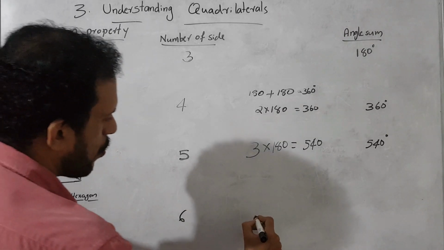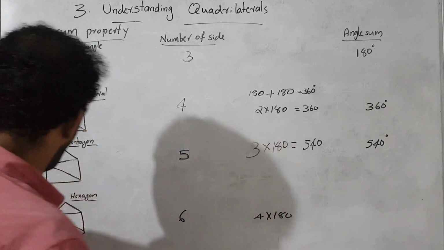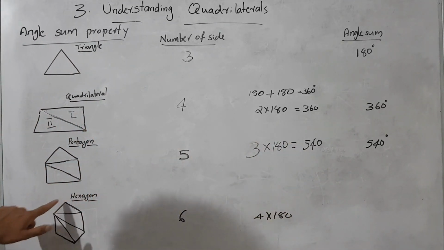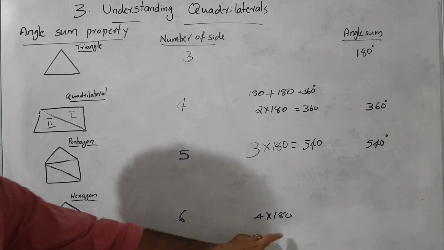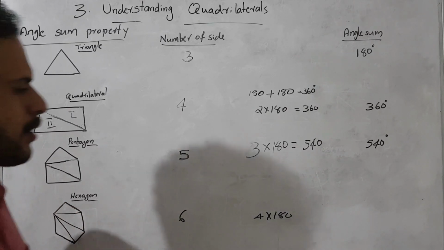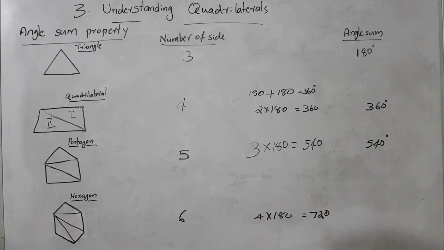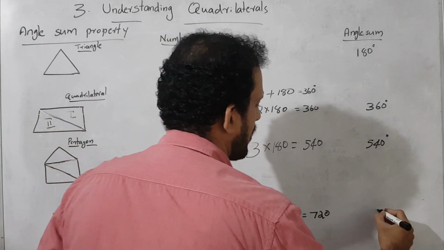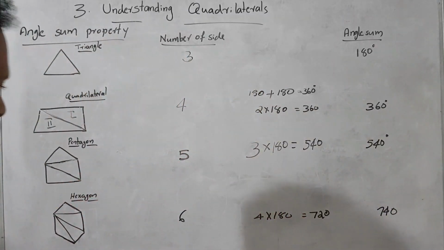Then 4 into 180, because we get 4 triangles here. So the angle sum of this hexagon is the total of the angle sums of these 4 triangles. One triangle's angle sum is equal to 180. Then 4 into 180 is equal to 720. The angle sum of a hexagon is equal to 720.